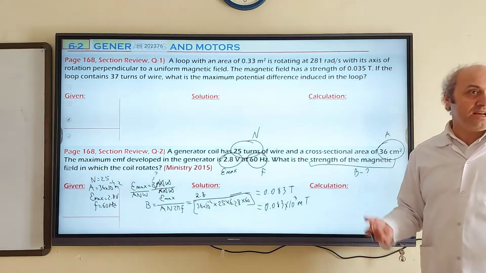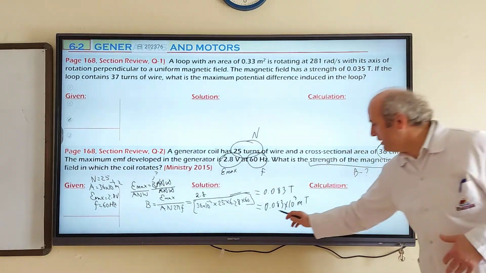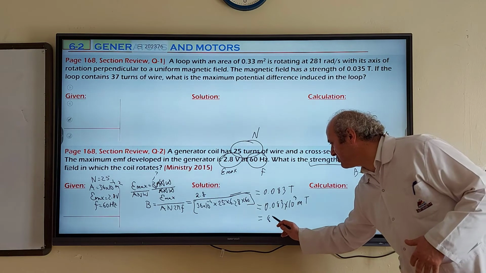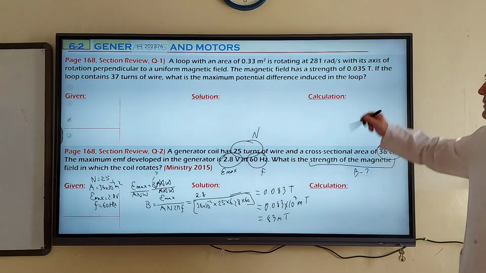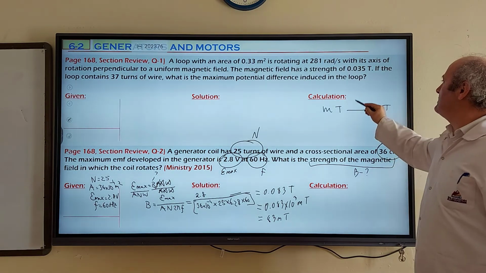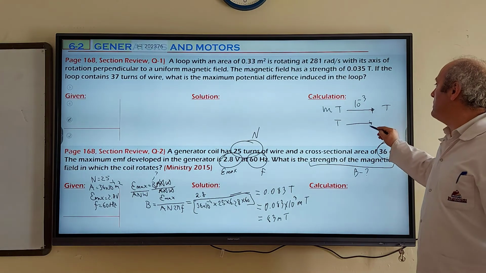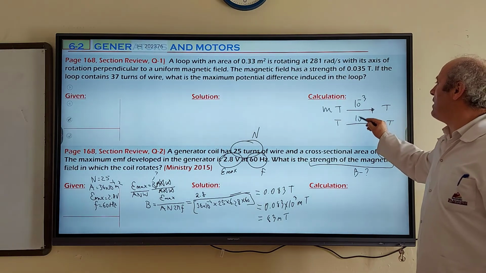Millitesla to Tesla, negative 3. But Tesla to millitesla, positive 3. So, result is going to be 83 millitesla. From millitesla to Tesla 10 to the power of negative 3. Tesla to millitesla 10 to the power of positive 3.